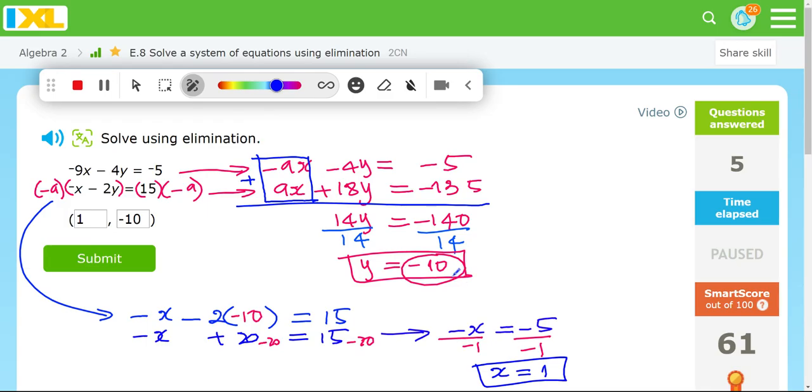All right, we got that. Now we substitute into the second equation. Subtract x, subtract 2y, all right, equals 15. So let's do this. Subtract 20 on both sides, becomes negative 5.